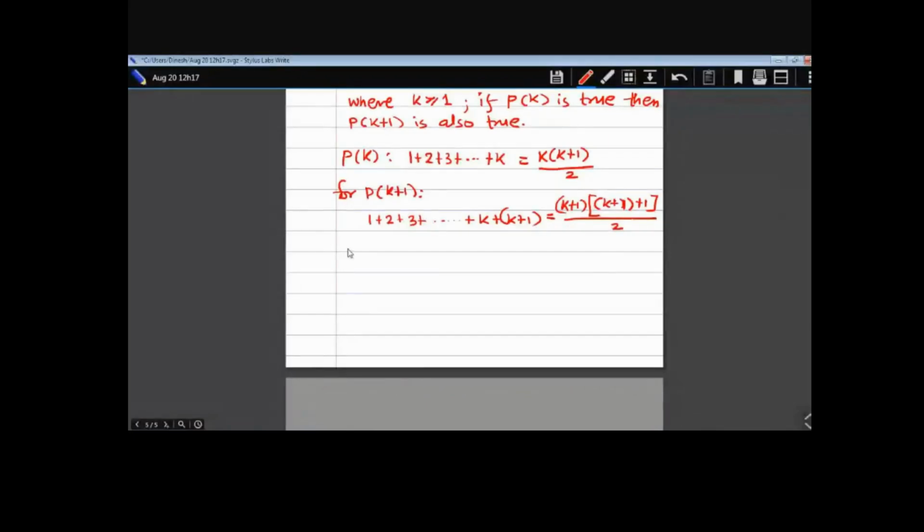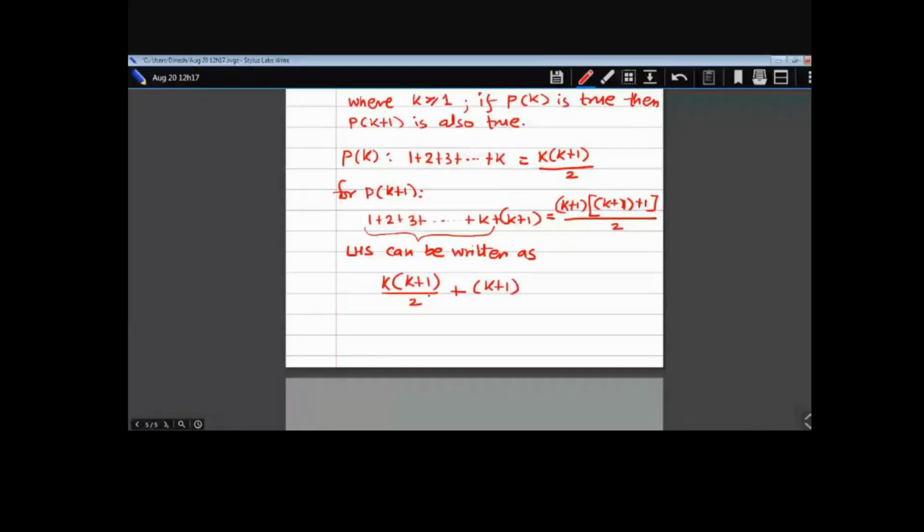So LHS can be written as, this all you know, is nothing but k into k plus 1 by 2. So it is k into k plus 1 by 2 plus k plus 1. Yes or no?